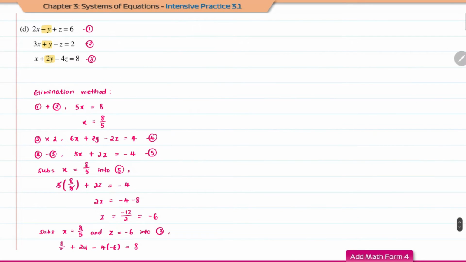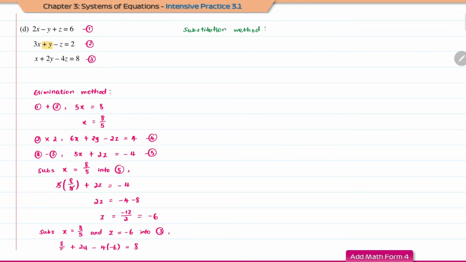All right, next, I'm going to solve these questions by using the substitutions method. So here I'm going to choose the y from the equations 2 to become the subject of the formula.